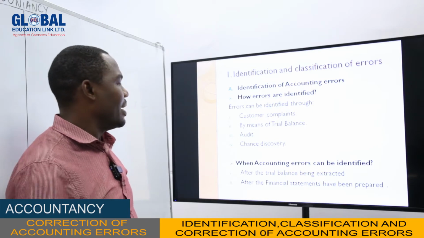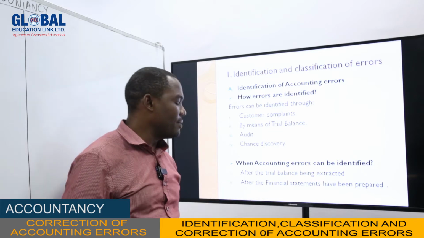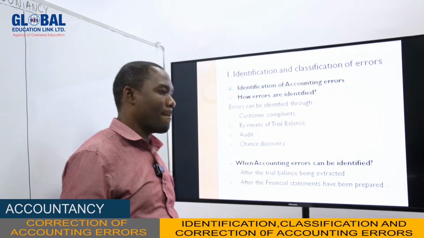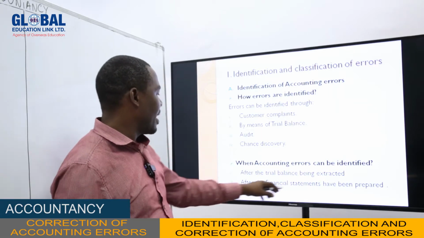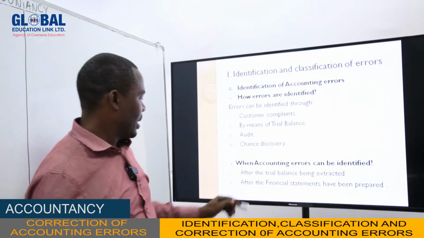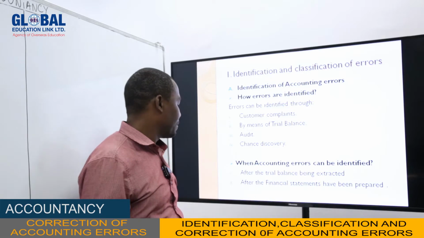So when can we identify these errors? Errors can be identified at any time, even after the trial balance has been extracted, or after the financial statements have been prepared. Of course, this will be our area of concentration.